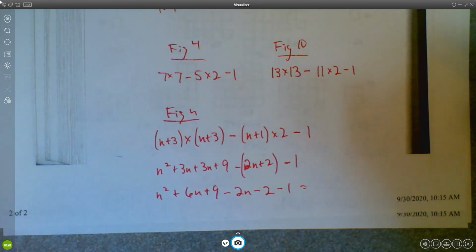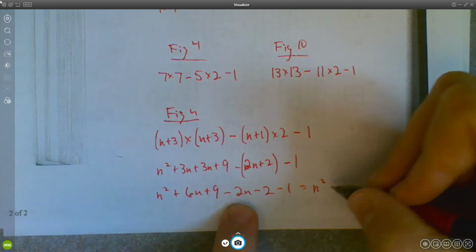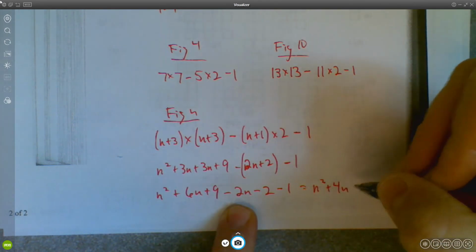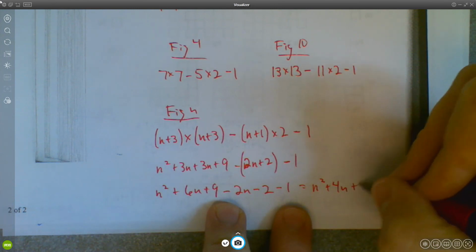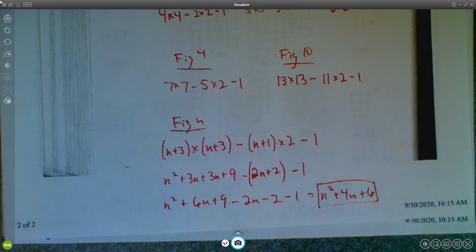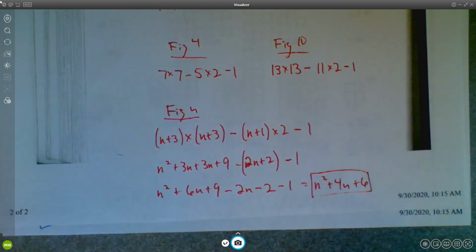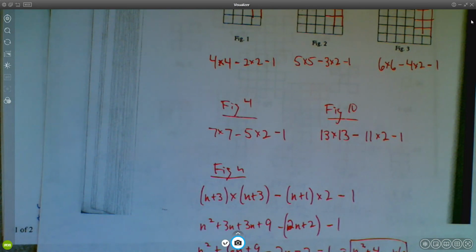And combine our like terms now. We've got an n squared. 6n minus 2n is 4n. And then 9 minus 2 is 7, minus 1 is 6. n squared plus 4n plus 6. Another quadratic growth pattern there. All right, so that's all I want to say about those for now.